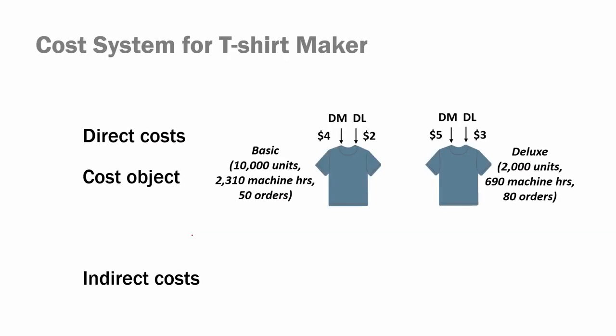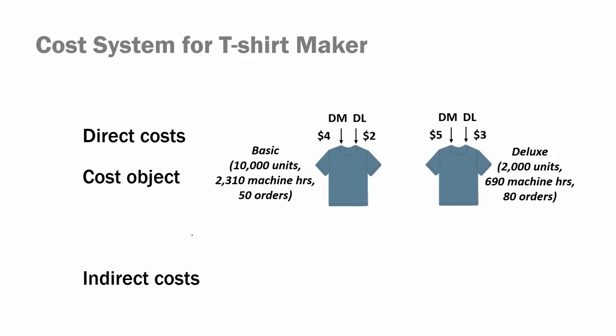Let's go back to the t-shirt maker. Suppose that after studying the activities required to make the t-shirts, we observe that many activities are taking place in that workspace, but most of them are driven primarily by one of 2 things. Either by running the equipment to make the t-shirts or by performing work related to orders from customers.